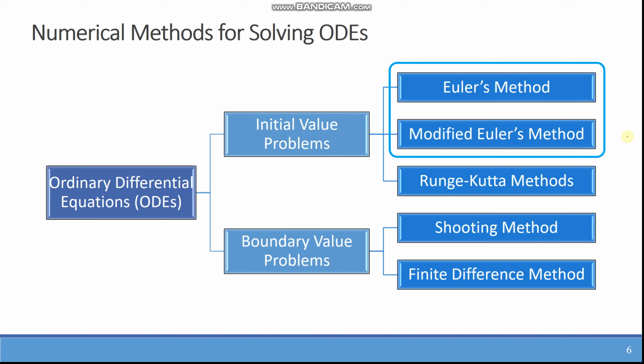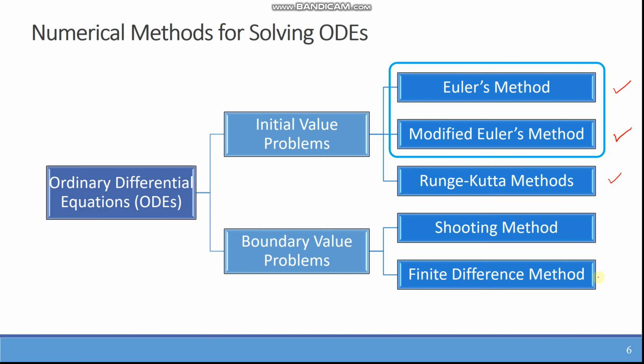These are the Euler's method, or also called the Euler's explicit method or the standard Euler's method. And then we have the modified Euler's method, or also called the Euler's predictor corrector method. And then we have the Runge-Kutta method in solving or approximating the ODEs with initial values.